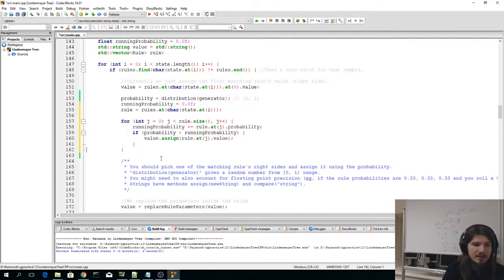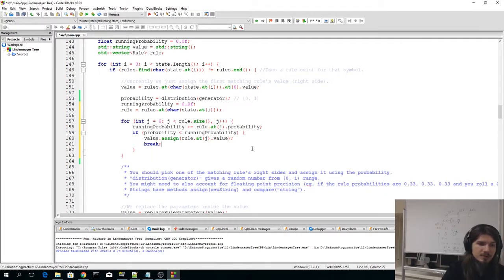And in that case, we want some default value to be assigned. One more thing we have forgotten here is we need to, of course, stop this loop when we have assigned a value. So otherwise we would always assign the last value, and that would be wrong.